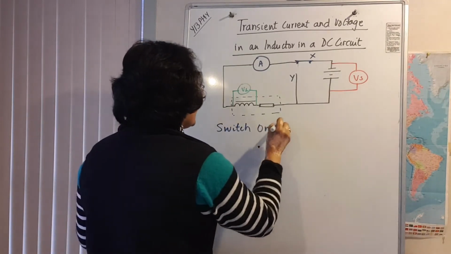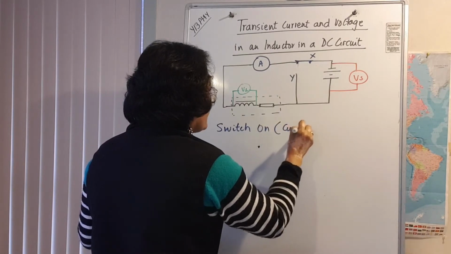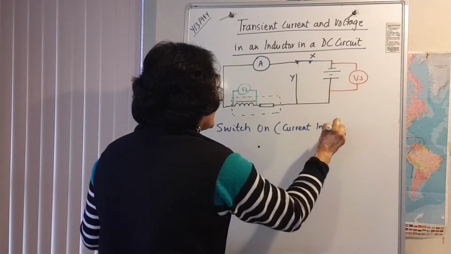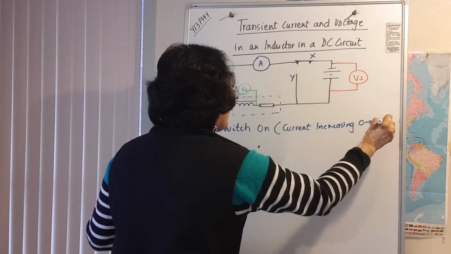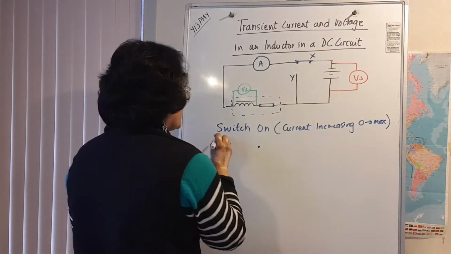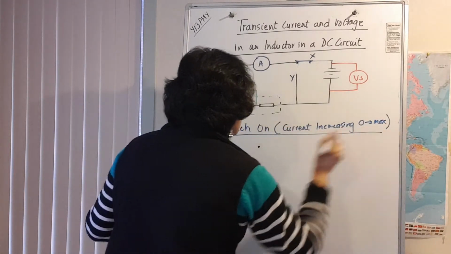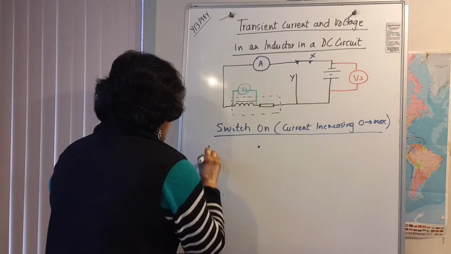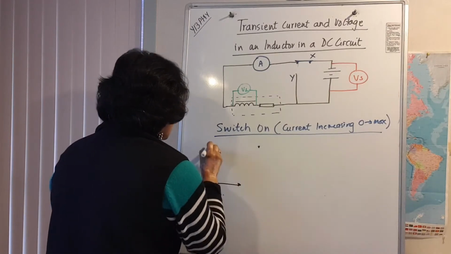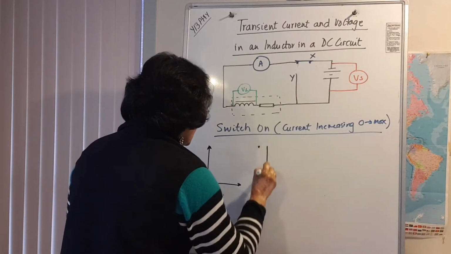For switch on, you have the current that is increasing. It's going to go from 0 to a maximum. We're going to do two graphs: what happens to the current and what happens to the voltage.